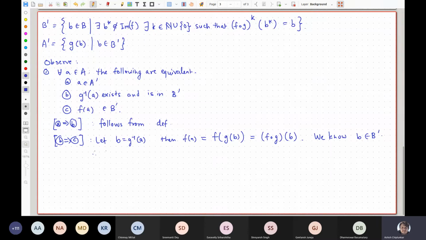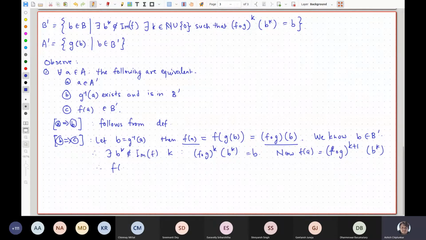So again by definition of B prime, there exists some B star not in the image of F and K such that F compose G applied K times to B star is equal to B. That is just by definition of the set B prime. So now F of A is just F compose G applied to B once again. So F of A is just F compose G applied K plus 1 times to B star.